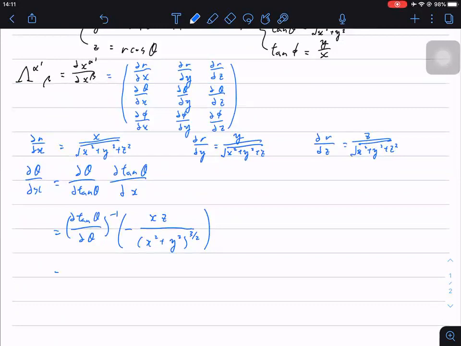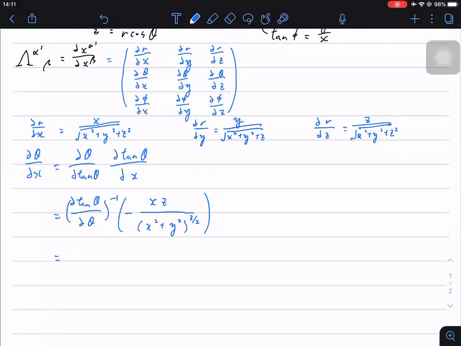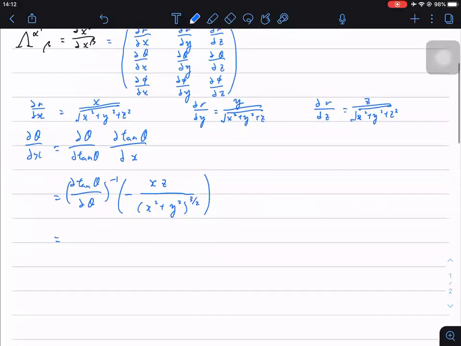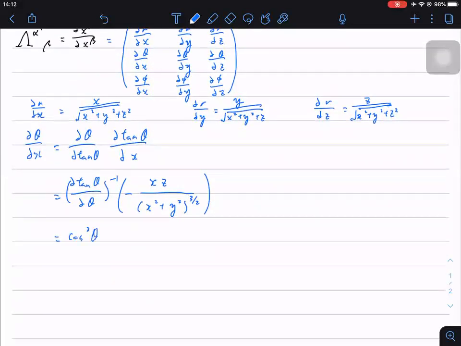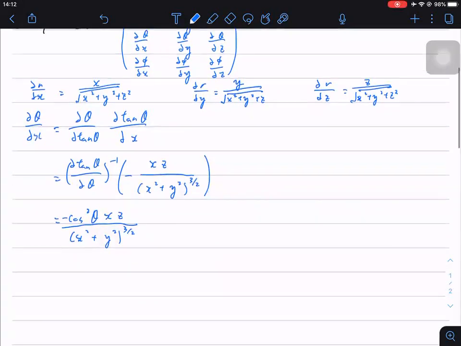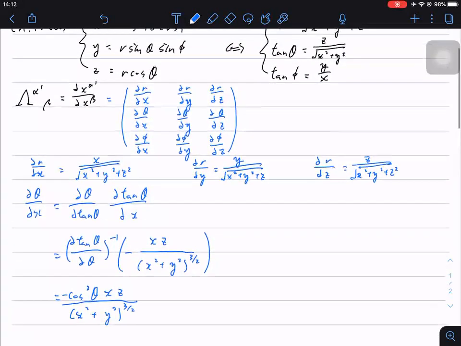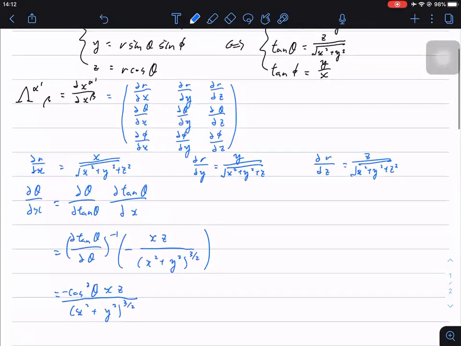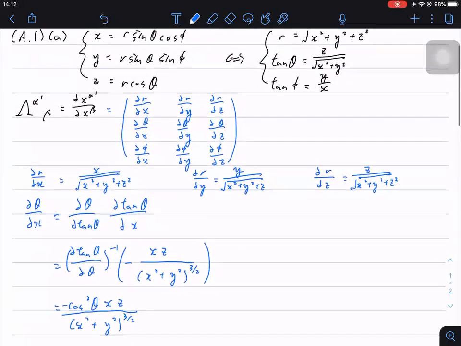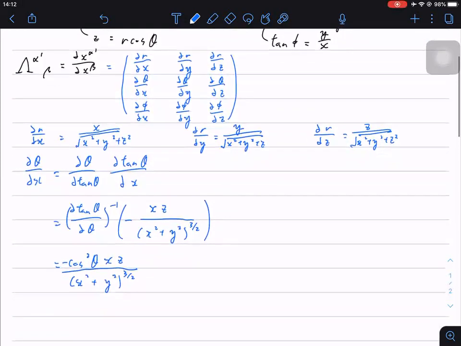So here, taking the derivative of tangent, we have cosine squared theta on the side here. Okay. So cosine theta is just z over r.